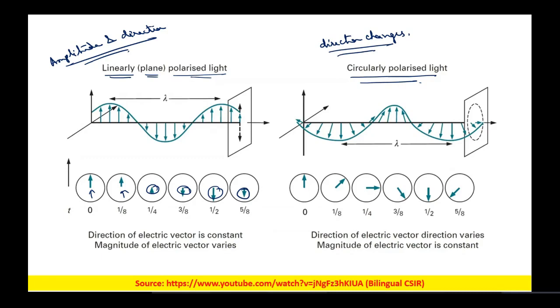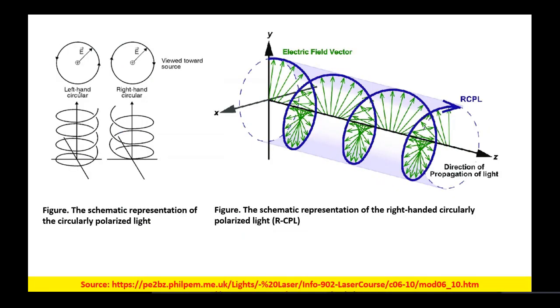Again, if you see left-handed circular light, the electrical vector would move in the anti-clockwise direction, whereas the right-handed circular light would be moving in the clockwise direction, and it would look something like this. The electric field vector would look something like this. So we will have the right circularly polarized light.